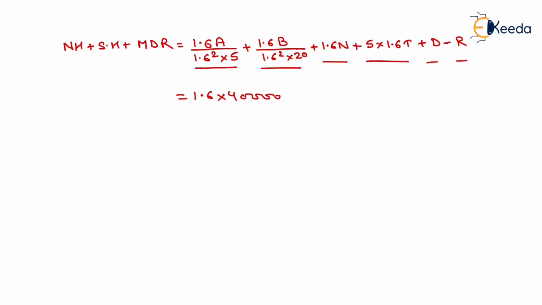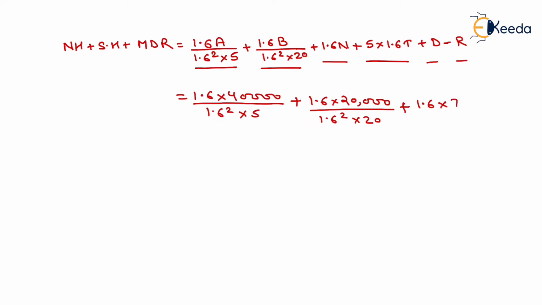So this becomes 1.6 into 40,000 upon 1.6 square into 5, plus we have the value of b as 20,000, so we put b as 20,000 upon 1.6 square into 20, plus we have the value of n as 75, so we put n as 75 here, plus 5 into 1.6 and we have the value of t as 50, so we put t as 50 here, plus d minus r.